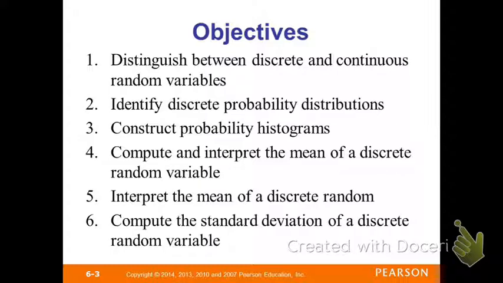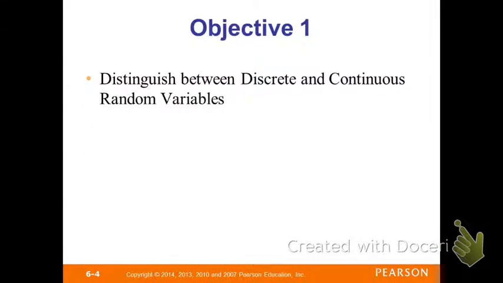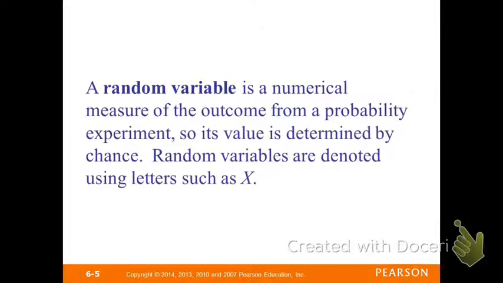All right, so let's roll into this and let's distinguish between discrete and continuous random variables. A random variable is a numerical measurement of the outcome from a probability experiment. So its value is determined by chance. Random variables are denoted using letters such as X. Now, a random variable is just a quantity that's measurable numerically, like a person's weight, or a person's shoe size, or a person's height.